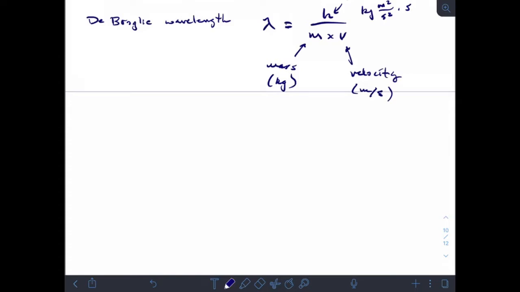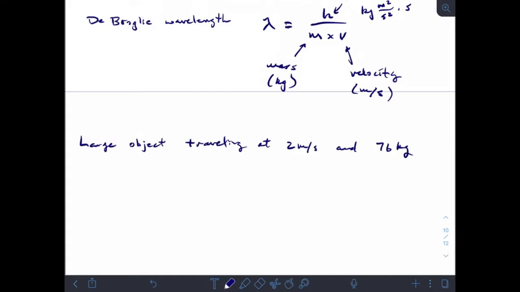Okay, so let's take a large object, a macro-sized object, something that I can pick up and carry across the room. So, large object traveling at 2 meters a second and has a mass of 76 kilograms.